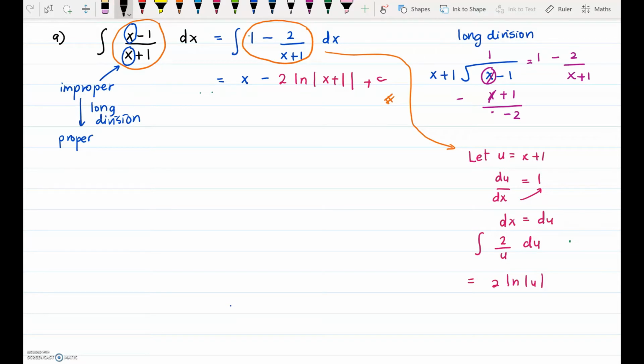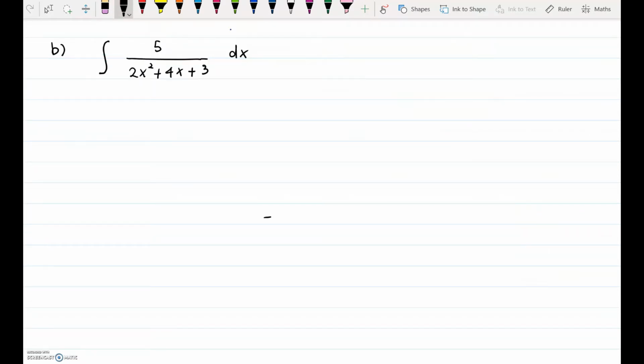Example B. Now we have the integration of 5 over 2x squared plus 4x plus 3 dx. Again, when you want to integrate a function, firstly identify the type of your function. We have a rational function.